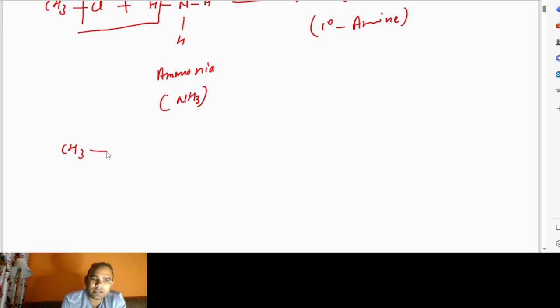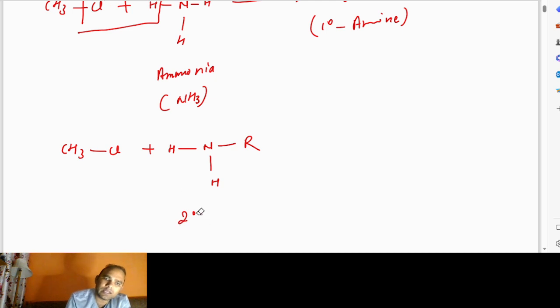What are you going to treat it with? Here it will be CH3Cl. I wrote it wrongly. CH3Cl, this is the alkyl halide, right?